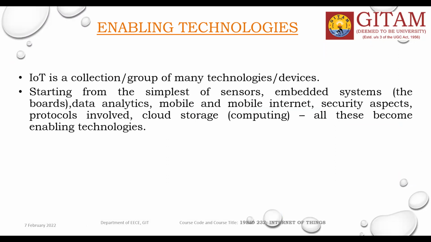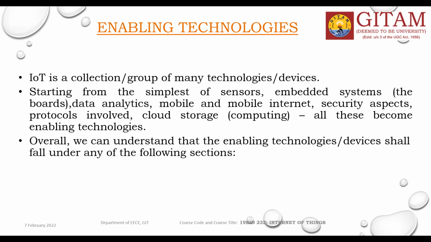You can start from the sensor, from layer one. So those are called the technologies: sensor technology, embedded technology, mobile technology, wireless communication technology, finally up to the cloud. Whatever is in between are all called enabling technologies.